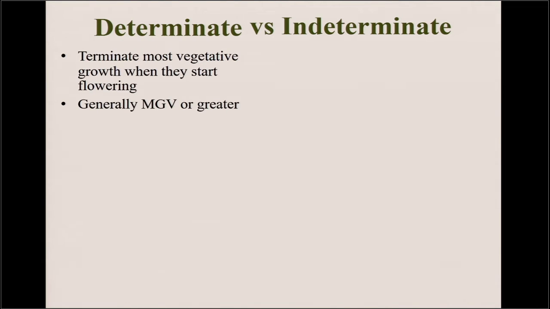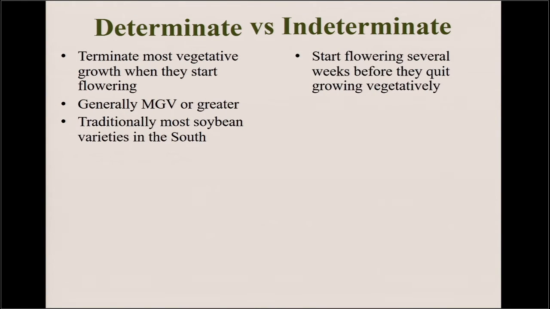This is generally maturity group 5 or greater, and traditionally this has been most of the soybean varieties produced in the South. When we talk about these maturity groups 3 and 4 soybean varieties, you're going to hear the word indeterminate, which are soybean varieties that are capable of flowering and growing vegetatively at the same time for several weeks, which should result in a slightly longer flowering period.